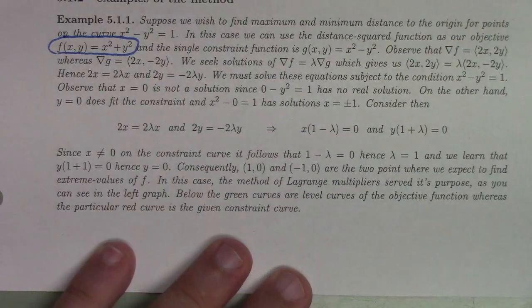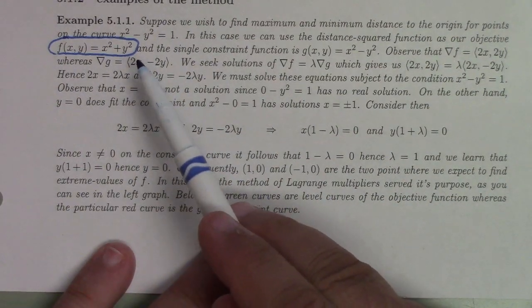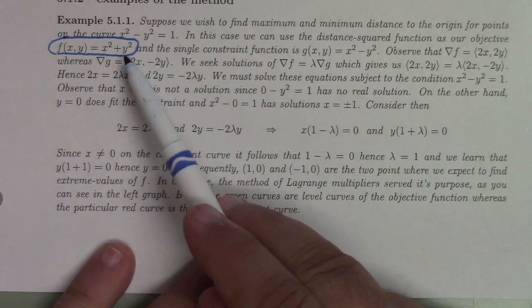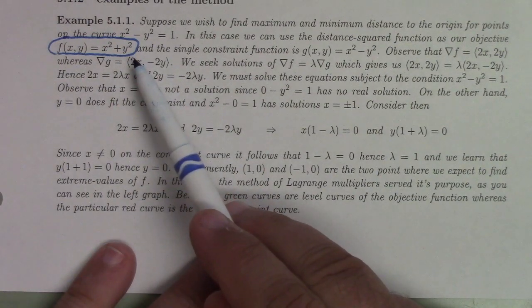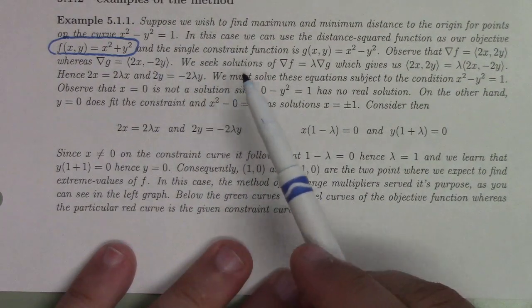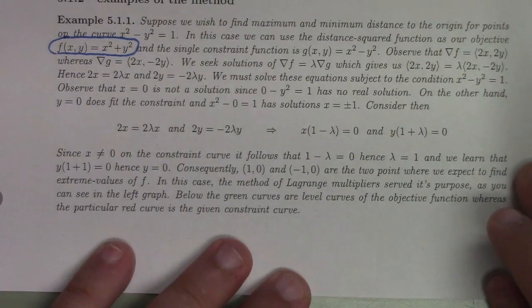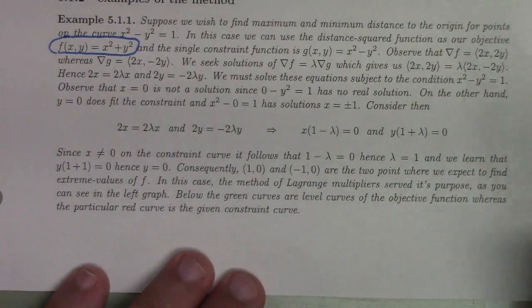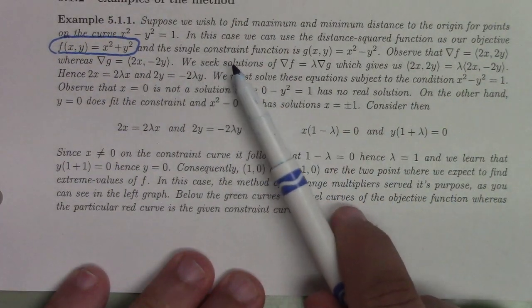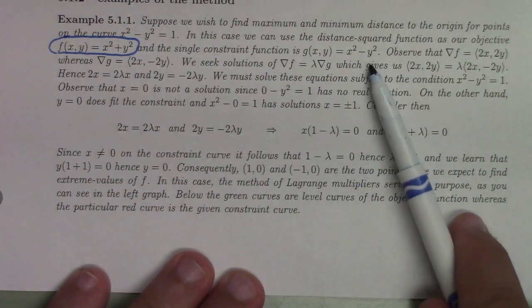That's my objective function, because we might as well make the squared distance as small as possible. You could work directly with the square root of x squared plus y squared, but why bother when the distance squared will also be minimized or maximized whenever the distance is minimized or maximized. All right, so our constraint function is g of x, y equal to x squared minus y squared, and that's equal to 1.